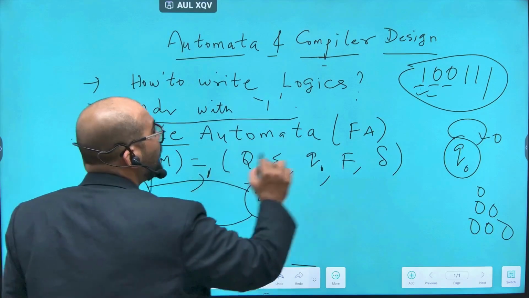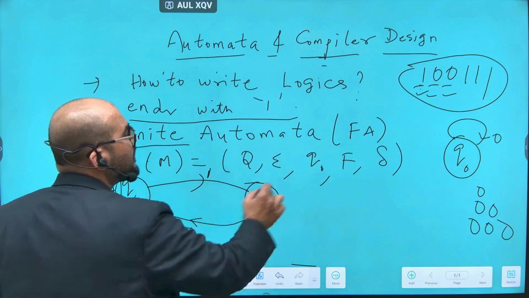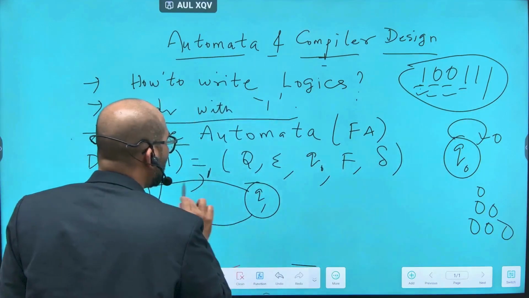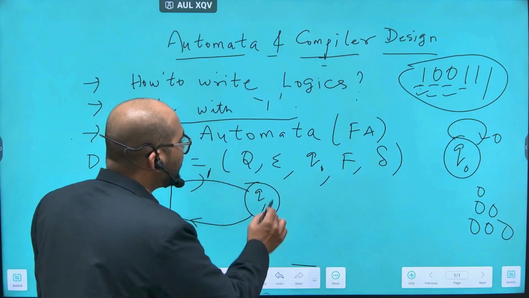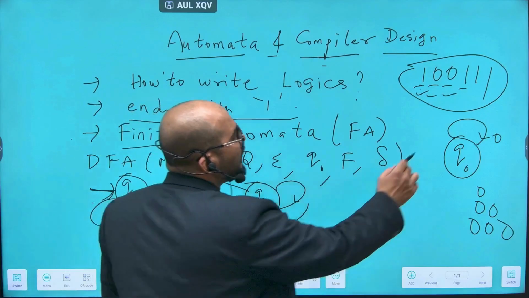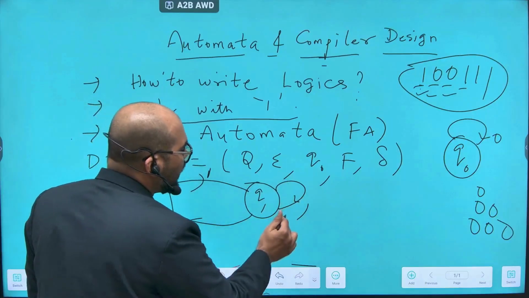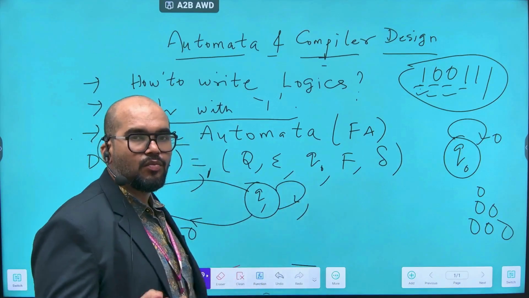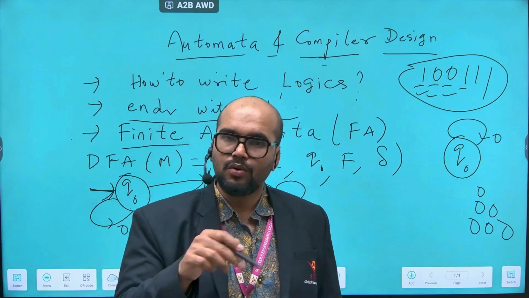Next, from Q0 again with input symbol 1, it moved to itself. And let me keep a self move on Q1 as well with input symbol 1. So with a self move, a state can move multiple times to itself.